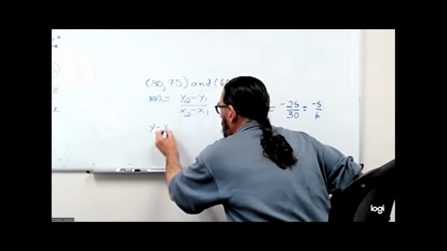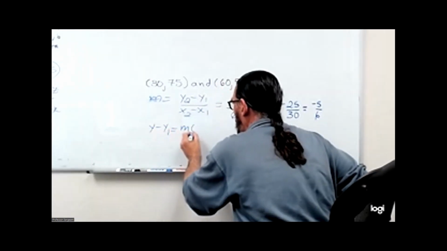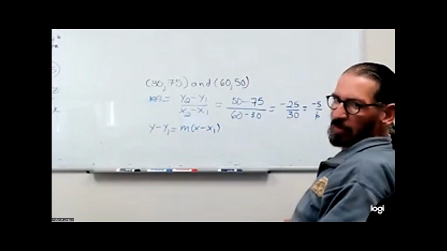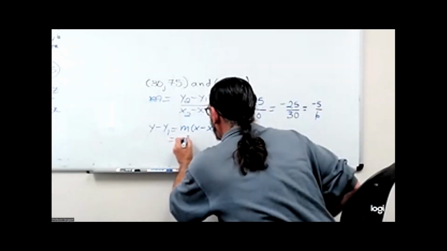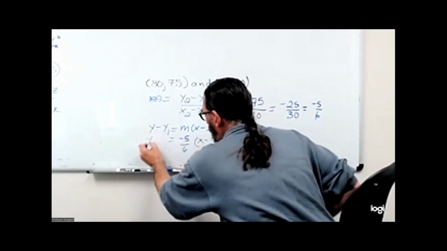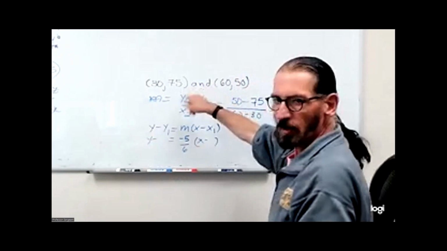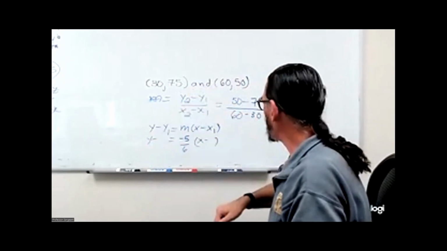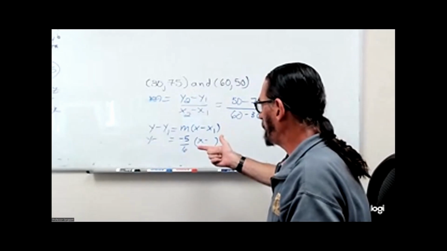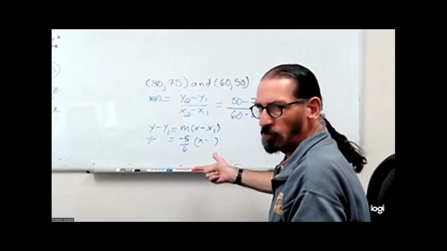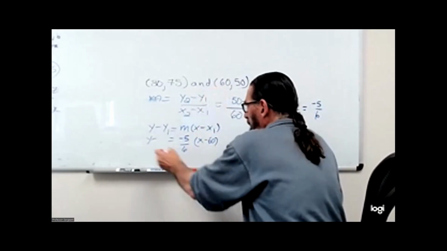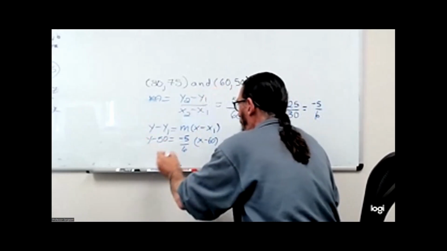I could start with a point-slope form. Fill in that slope of negative 5/6, and then pick either point. As long as you do your work correctly, pick either point, and you should be able to solve for this to get y equals mx plus b. So I'll go with this one, 60 for x and 50 for y.